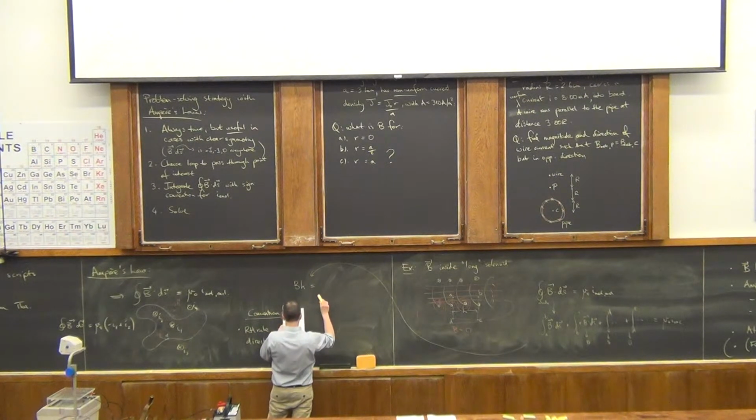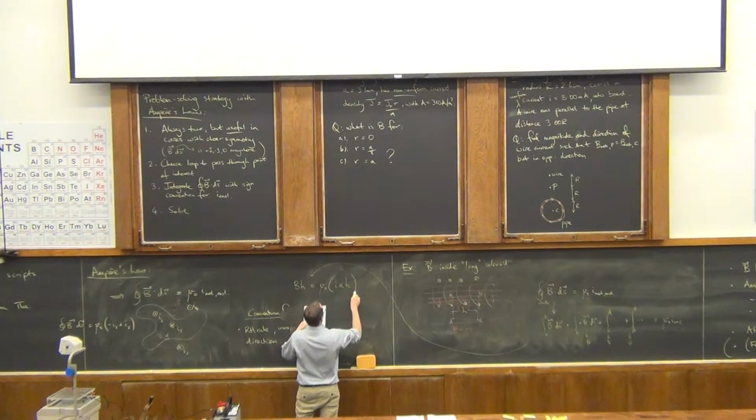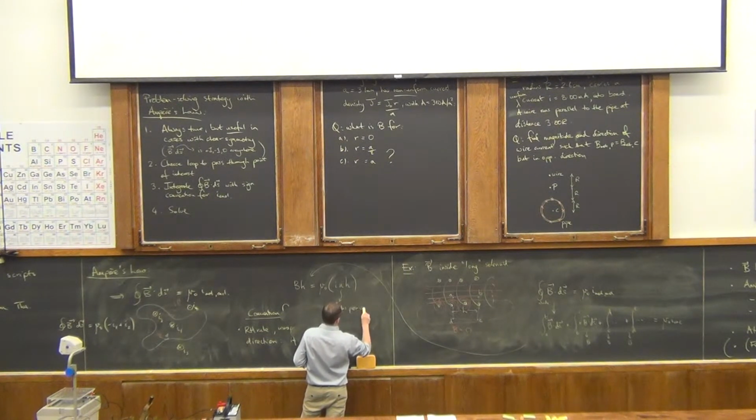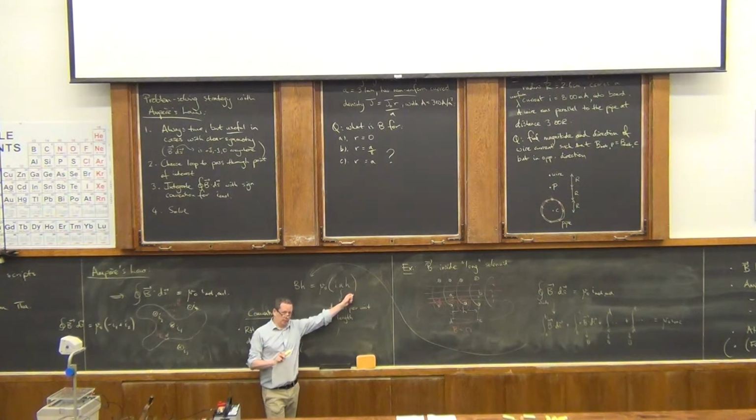And then over on the right-hand side, I'm going to multiply this with the current. It's the number of turns per unit length times the length in question. Okay? So this is the number of turns per unit length, which is something that will always be given for a solenoid. Whatever that is, we're multiplying by the length that we've chosen our Amperian loop to have from A to B.